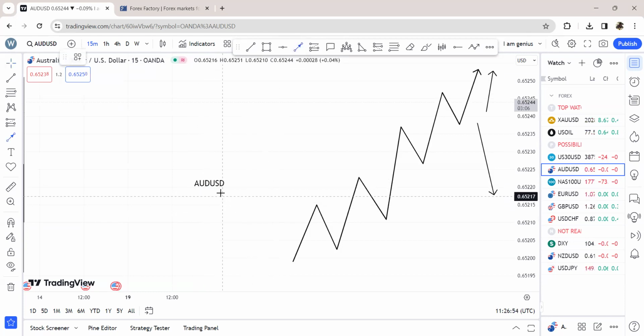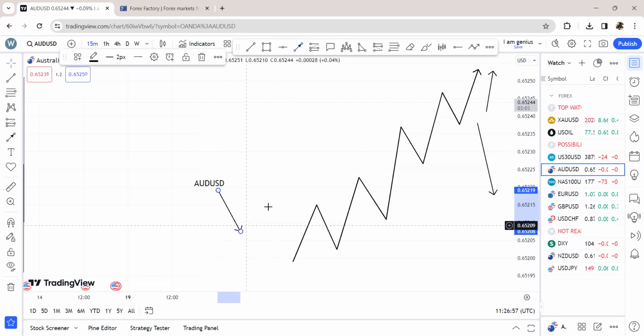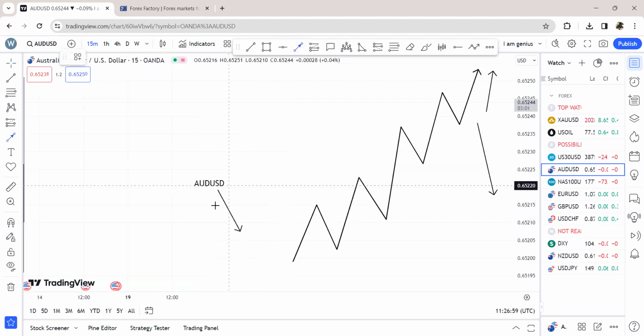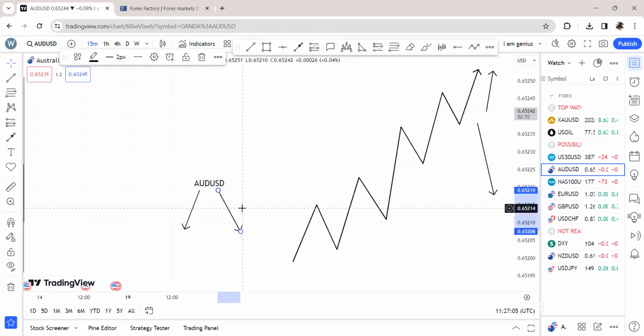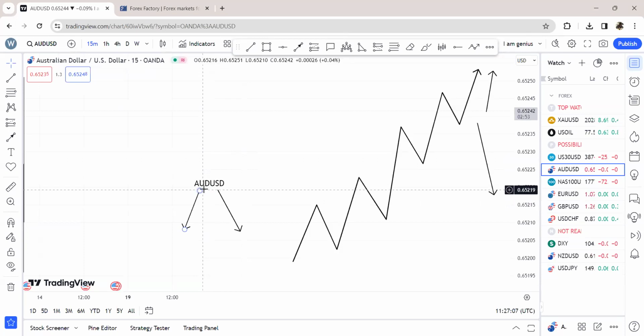So in this case, what of USD? Since we've already said that if Australian dollar is the base, we expect it to be moving in proportion with the fundamentals.